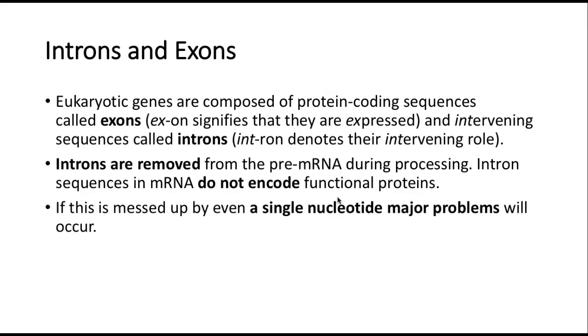If this is messed up, though, by even a single nucleotide, major problems will occur. If you take out an A or a T and a G and a C in the wrong space, you are suddenly making a very different protein from what you should be making, or perhaps not making a protein at all. So obviously it's very important to get these sequences correct.